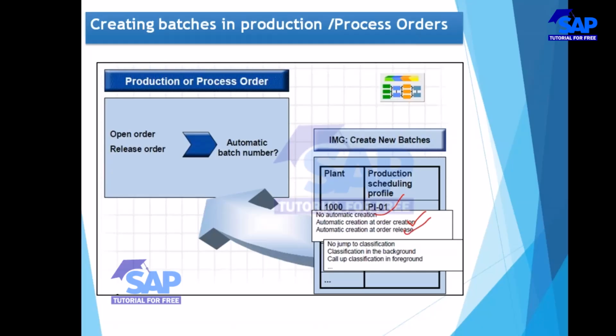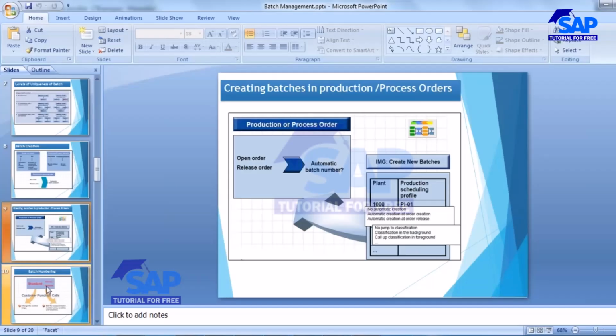These settings you make in the production scheduling profile, and this profile will be assigned to the particular material. So this is how you create the batches in the production order or process order. Either you manually trigger it, or without triggering, the system can create the batches during various stages.